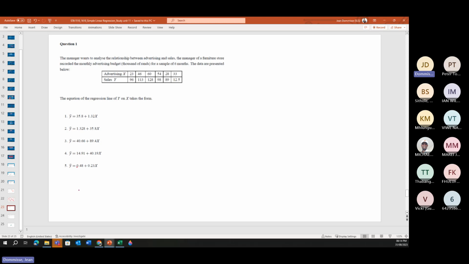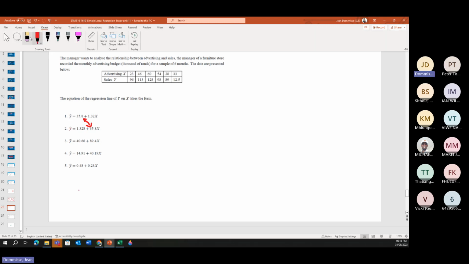You can see in these options, these two look very similar in a sense. There's a 38 or 35.8 as a slope and the other as a cutoff, and the other way around, while the other ones are very different. So probably between 1 and 2 is the correct answer.